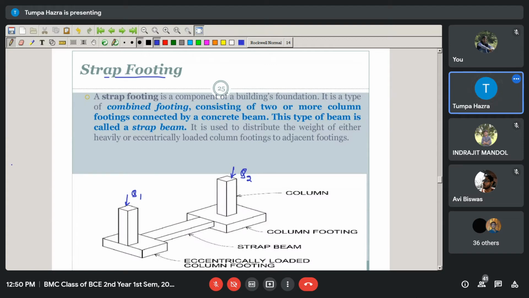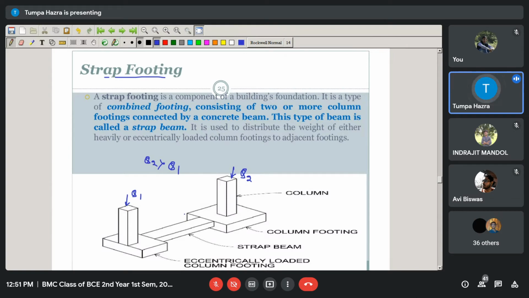This footing may be used where the distance between the two columns is so large that a combined footing becomes quite narrow with high bending moments. Here you can see one column carrying a small load Q1, and another carrying a large load Q2, where Q2 is greater than Q1.